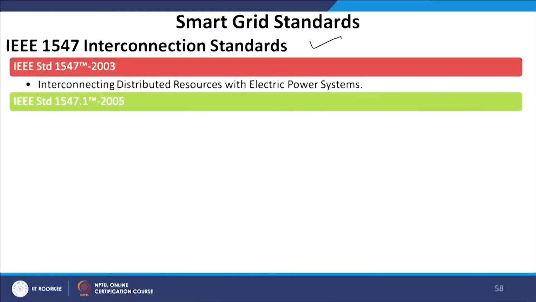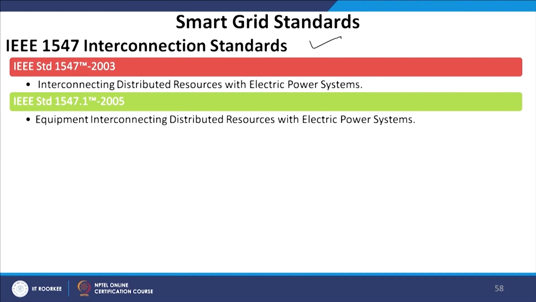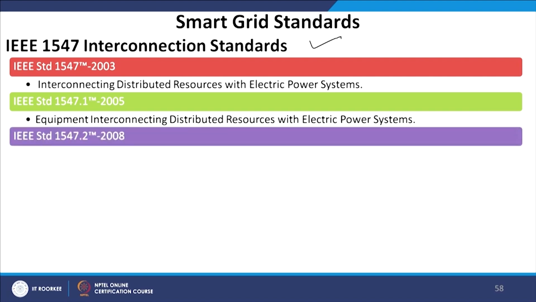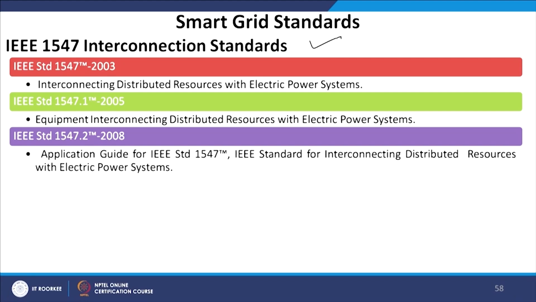Next one is IEEE standard 1547 version 1 in 2005. It deals with equipment interconnecting distributed resources with the electric power system. Then we move to the second version, the 1547 IEEE standard in 2008, that talks about the application guide for IEEE standard 1547, IEEE standard for interconnecting distributed resources with electric power systems.